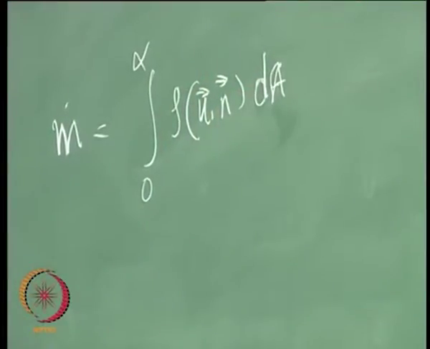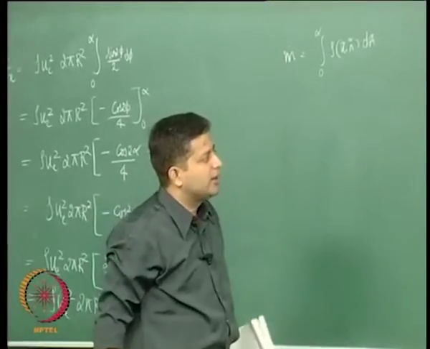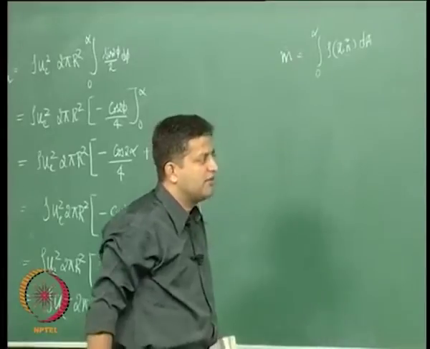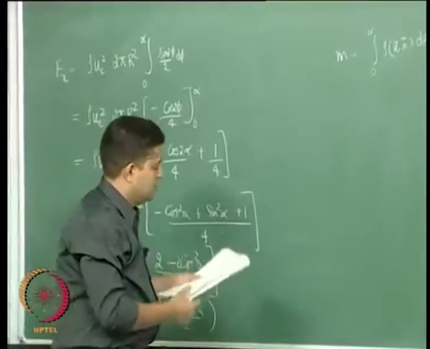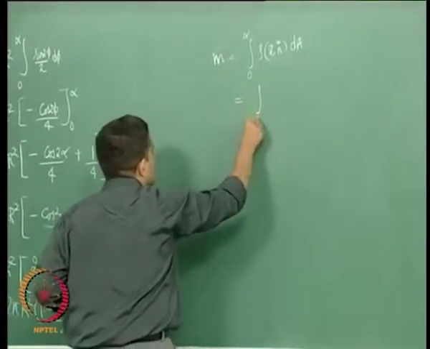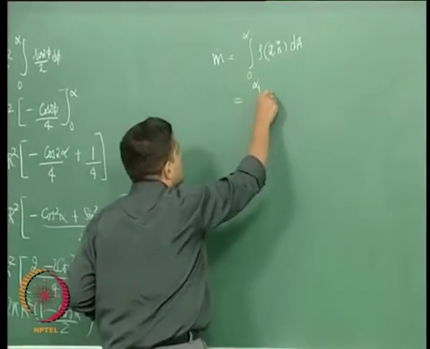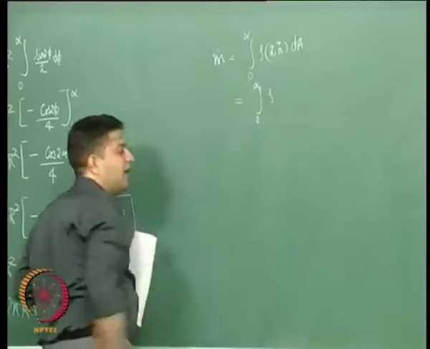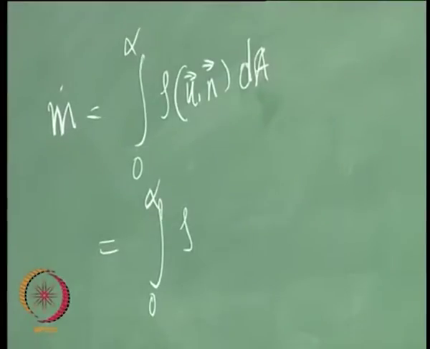Now, dA we know is nothing but 2 pi r square sin phi d phi. So, we will use that. And u dot n is nothing but u e.